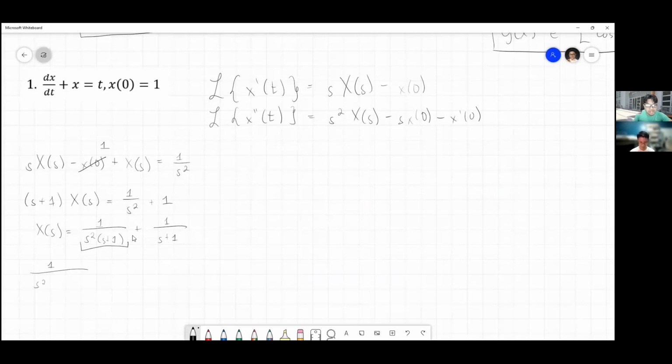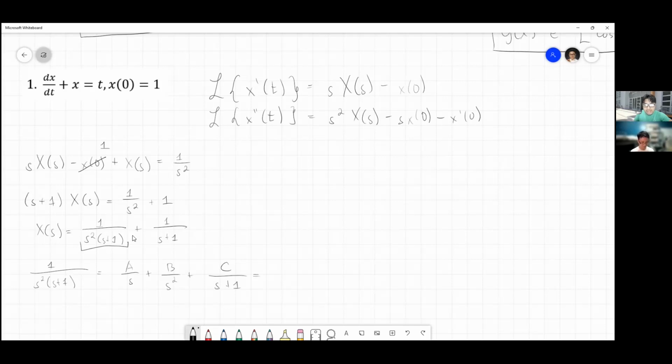using partial fractions. So, 1 over s squared s plus 1, that would be A over s plus B over s squared plus C over s plus 1.